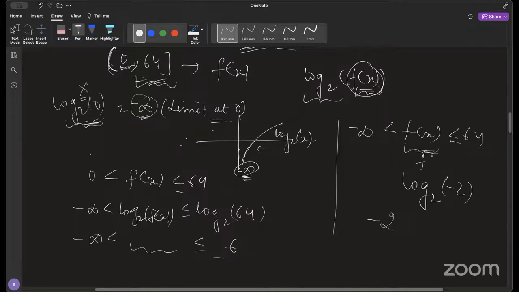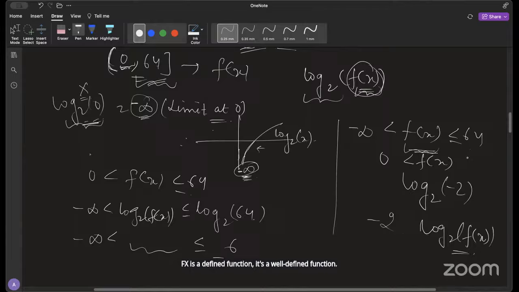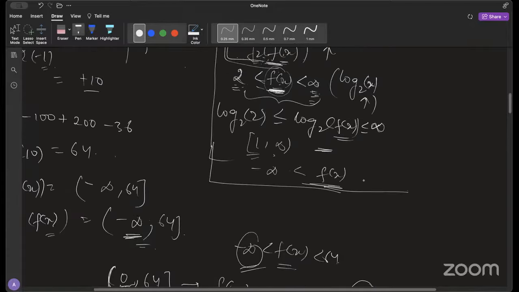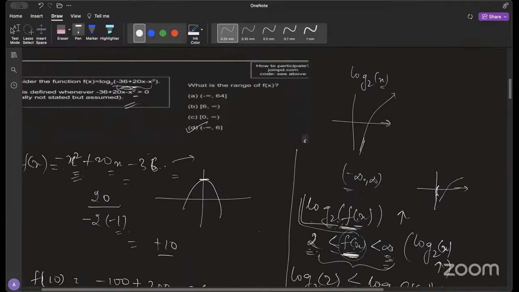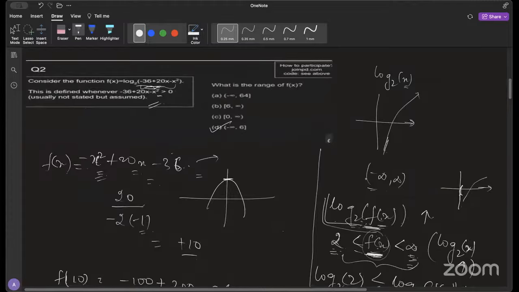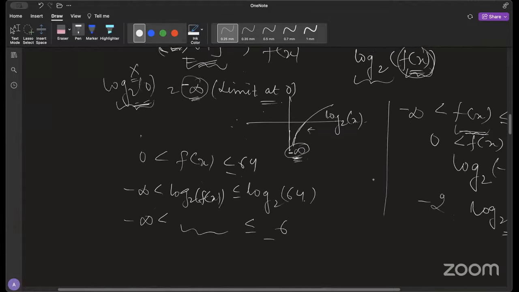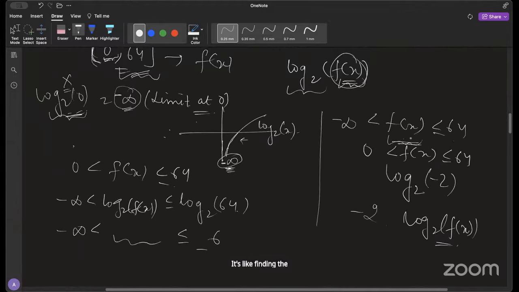So shouldn't you be just taking f(x) greater than 0 to make sure that your log base 2 f(x) is a well-defined function? It's like finding the domain of the function only. Finding the domain of log base 2 f(x).